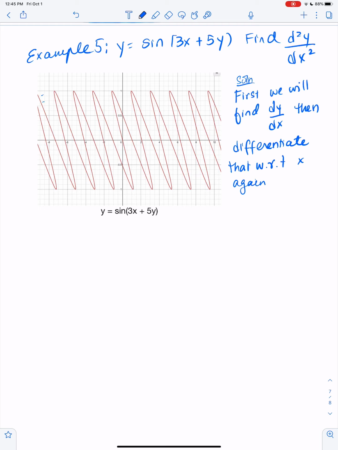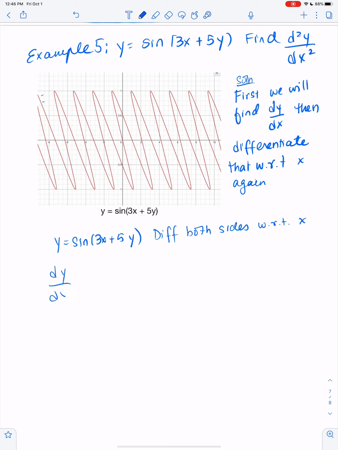Okay, so let's see. You have y equals sine of 3x plus 5y. I was really stuck on 3x in these examples. So you want to differentiate both sides with respect to x. The left side is just dy dx, there's nothing to do.